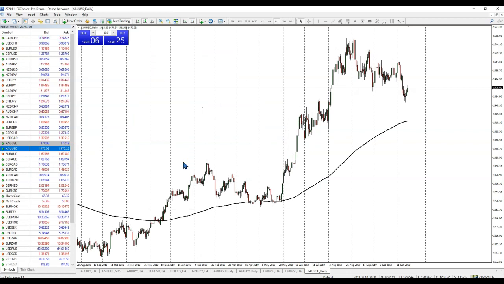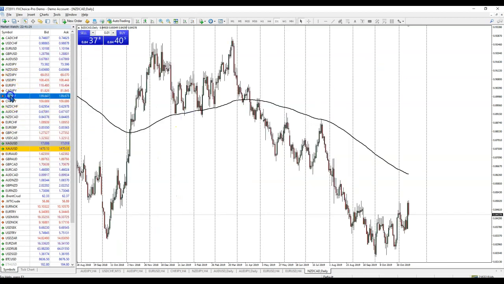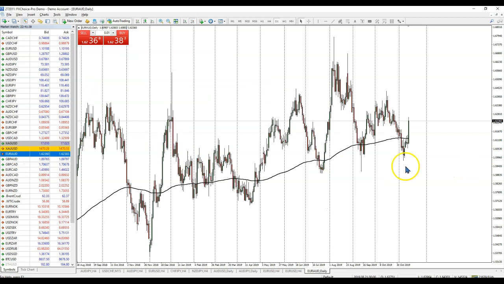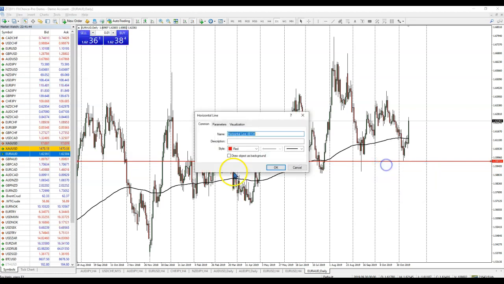Gold. Not a big fan. Pound yen. Looks like it has a long way to go. This is just looking for something that's up above the 200 EMA. Maybe like the euro aussie, right? So you could say, hypothetically, let me change this back to black.